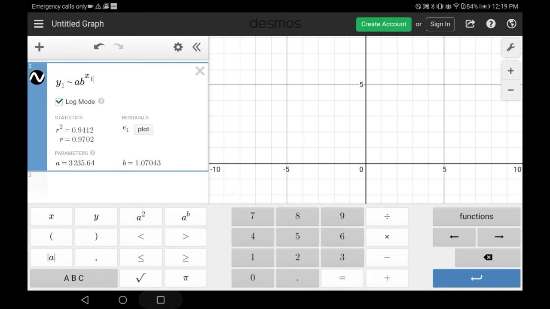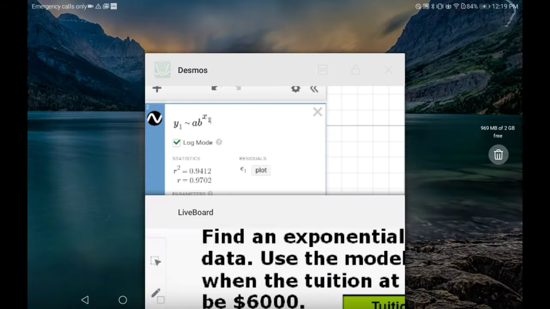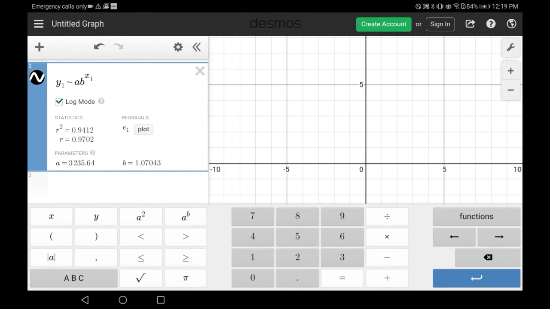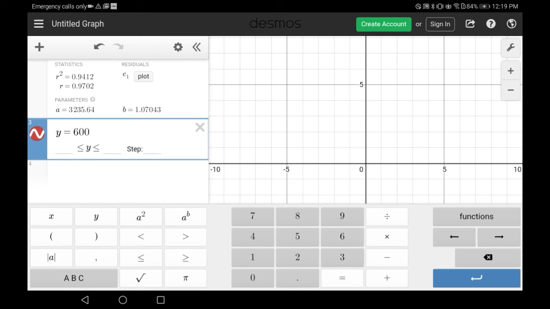Okay, so in this exercise, I have the question that says, when the tuition will be 6,000. So what I need to do here is to go back to Desmos and then build the horizontal line at $6,000, right? Because remember that the dollars or the tuition means the y coordinate.